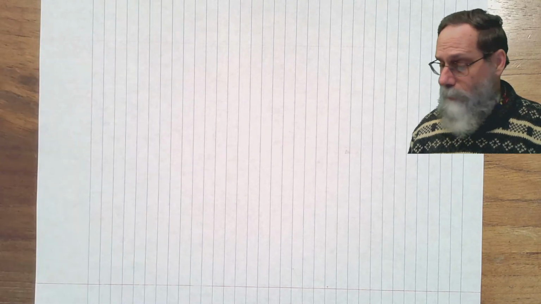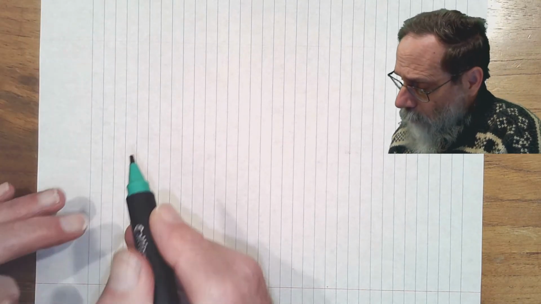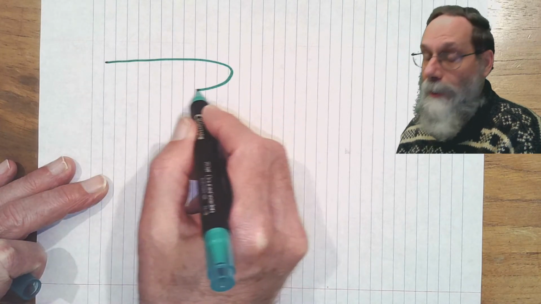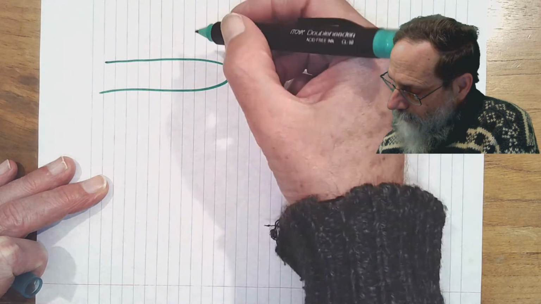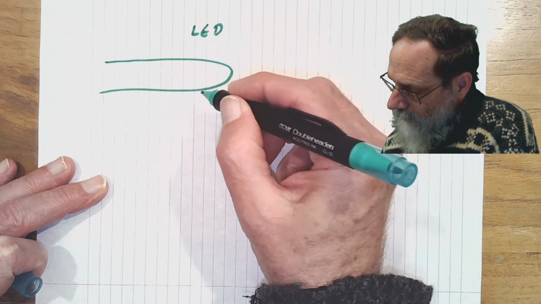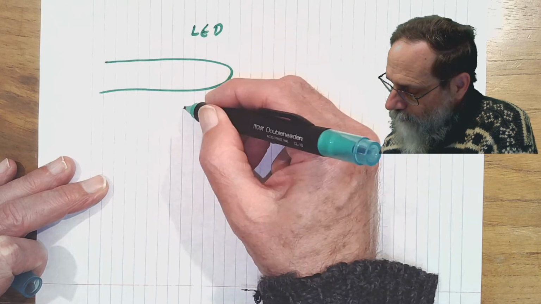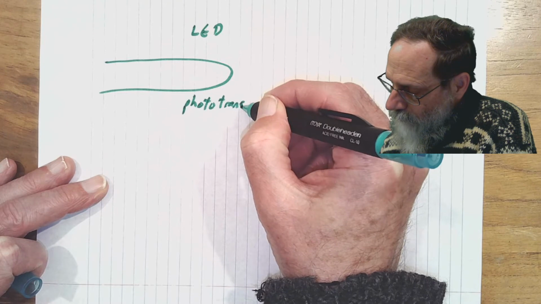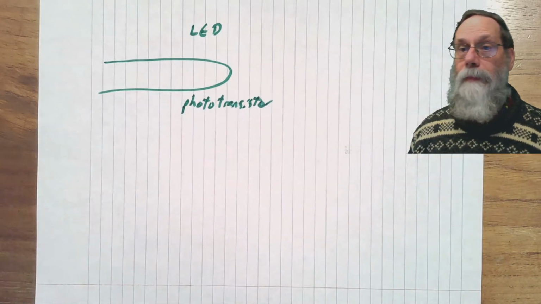All right, so what do we do to detect that? Well, there's two basic ways to do it. One, if we think of something like the pulse oximeter, we've got a finger here, and we've got an LED on one side and a photocell of some sort, probably a phototransistor, on the other side.